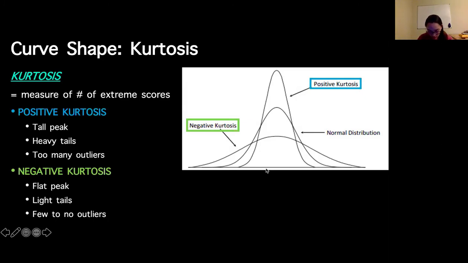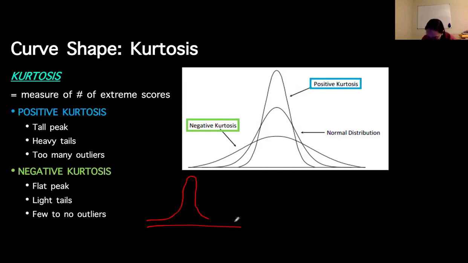So in terms of drawing this maybe a little bit better, think of positive kurtosis. Oh, there's the line. Got it. Okay, there was a delay. Think of positive kurtosis as looking something more like this.